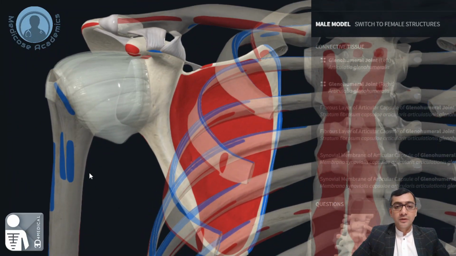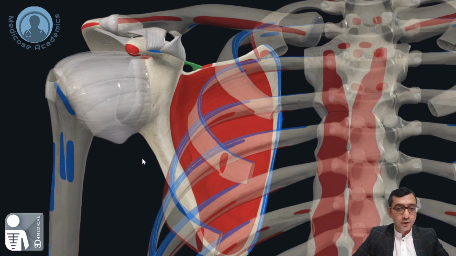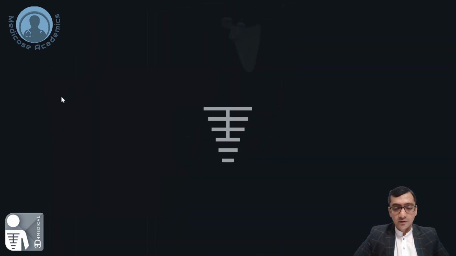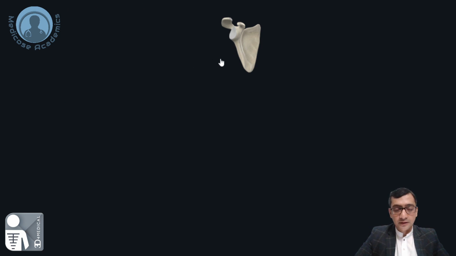So these are all the attachments of the scapula. And of course, last but not the least, this transverse ligament that we discussed earlier in the lecture, the suprascapular ligament, the transverse scapular ligament that was converting the suprascapular notch into a foramen. So I think that's it. That's all I wanted to talk about the scapula.